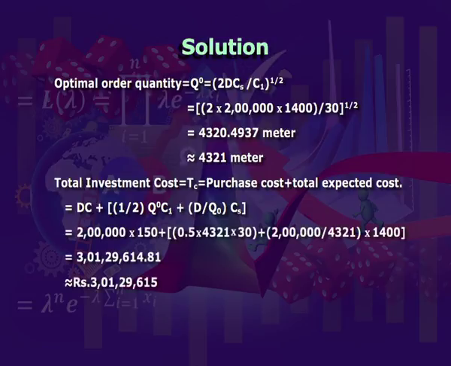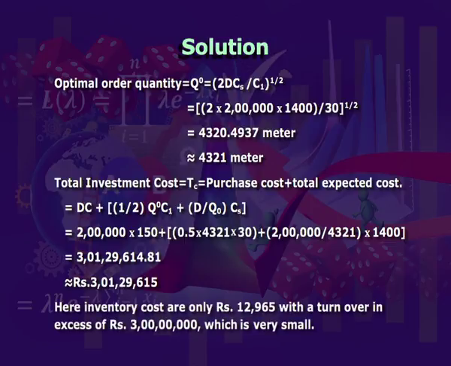Substituting all the values of D, C, Q0, C1, CS, we get the answer 30,129,614.81, which is approximately rupees 30,129,615. Here inventory costs are only rupees 12,965 with a turnover in excess of rupees 300,000,000, which is very small.